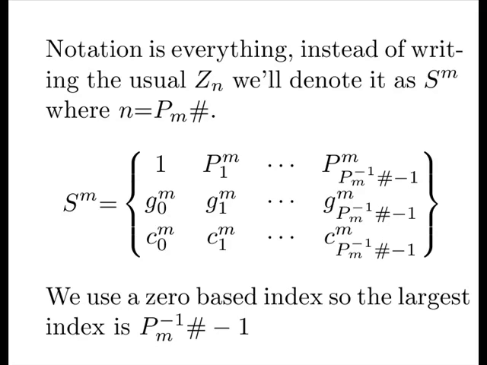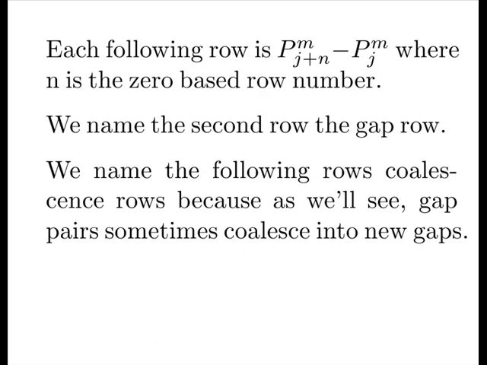We draw the set with multiple rows, the first row being our member O. We use a zero-based index, so the largest index is the current first minor primorial minus 1. Each following row is n differences between members.